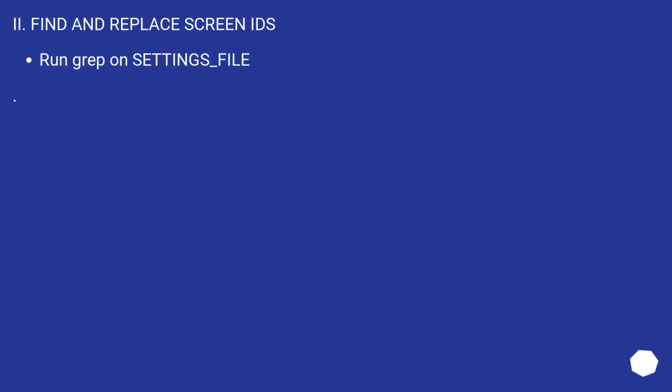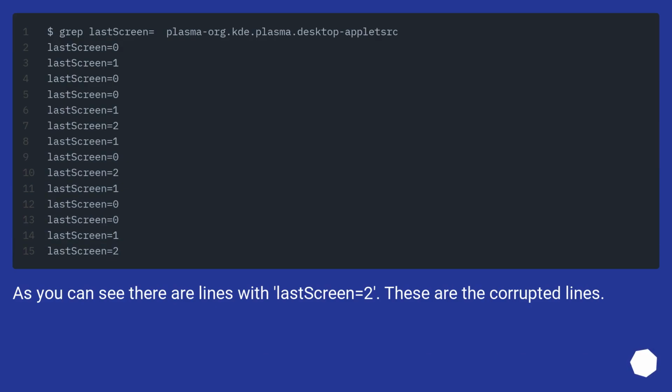Two. Find and replace screen IDs. Run grep on settings_file. As you can see, there are lines with lastScreen=2.